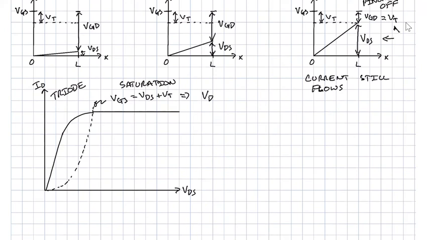So this is really VDS equals VGS minus VT. This is going to be our critical criteria to know whether we're in one of these two regions, triode versus saturation. And I'm going to hammer that one home. That line, and I'll show you how we get to that parabola, is VDS equals VGS minus VT.